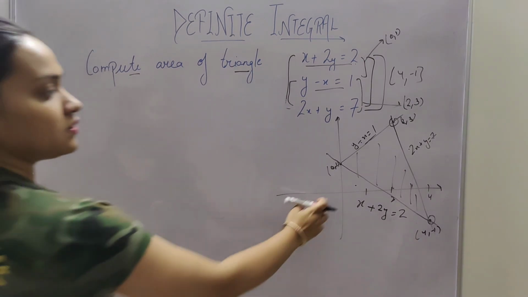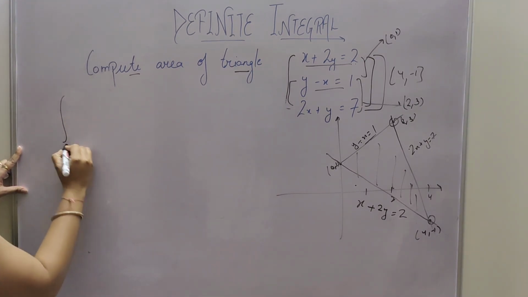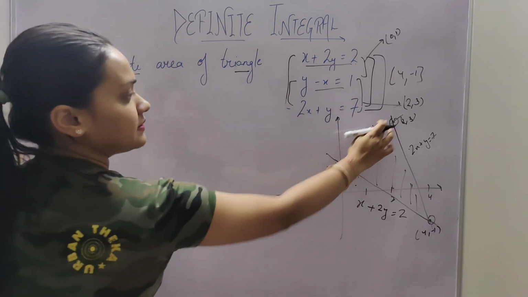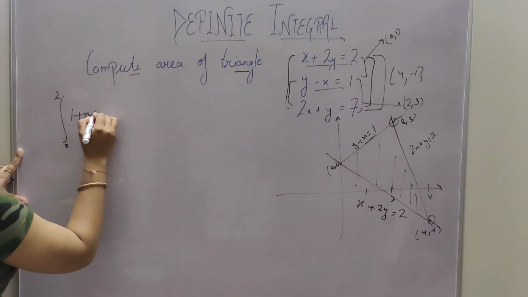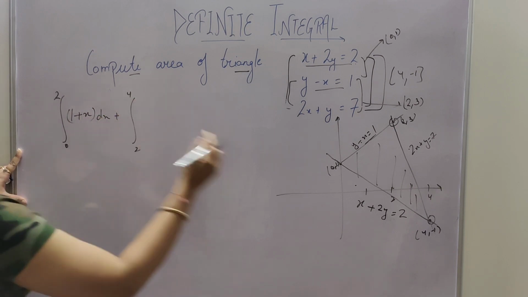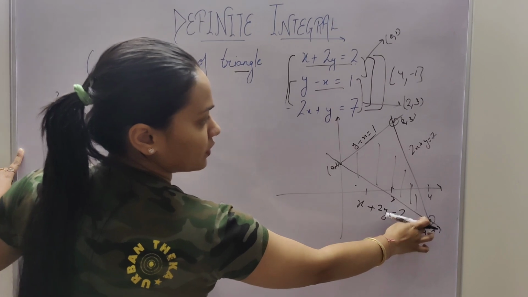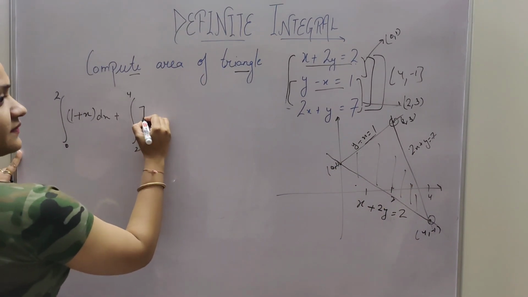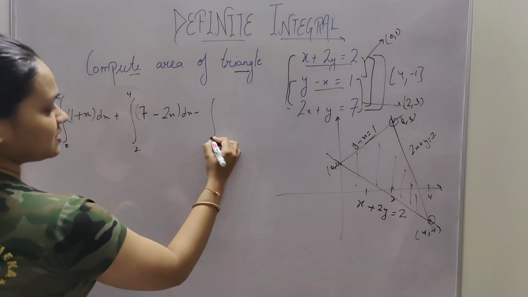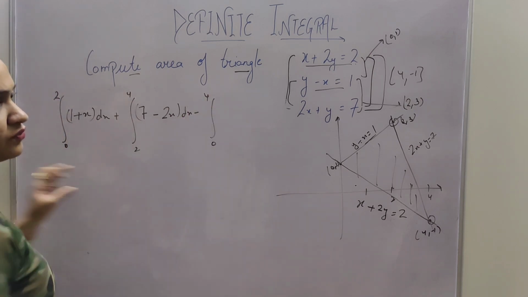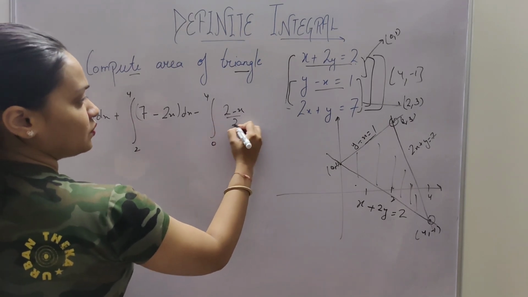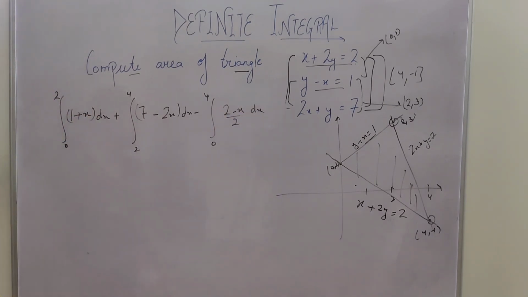So we are going to start with 0 to 2 and take the line 1 plus x, dx, plus 2 to 4, and the line is 7 minus 2x, dx, minus 0 to 4, which is this area, (2 minus x) upon 2, dx. Clear?